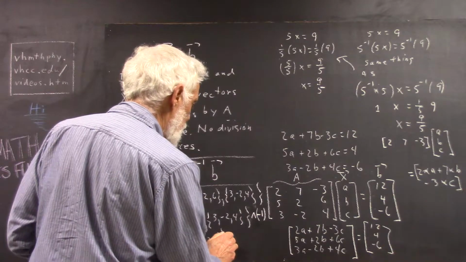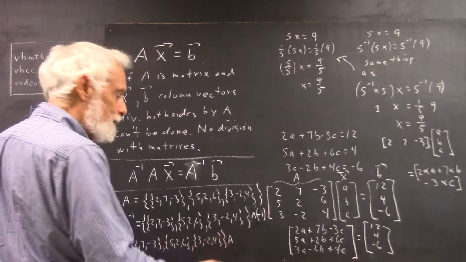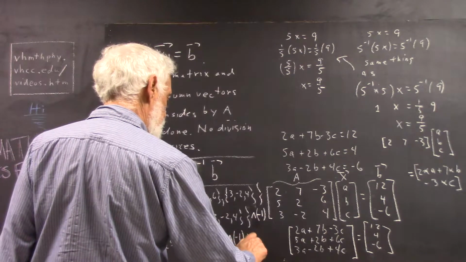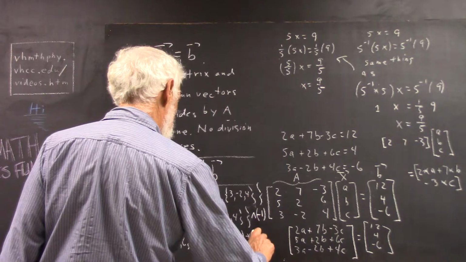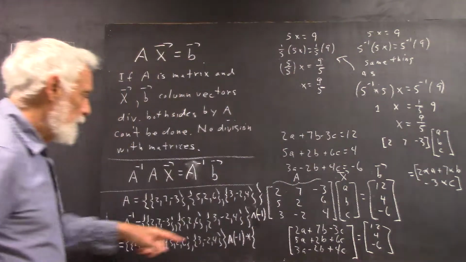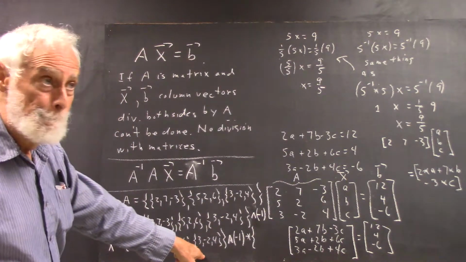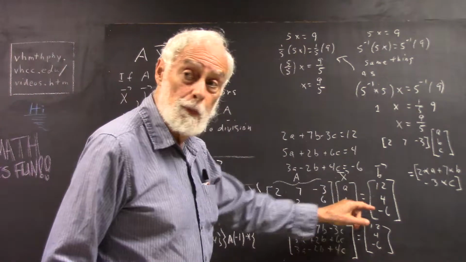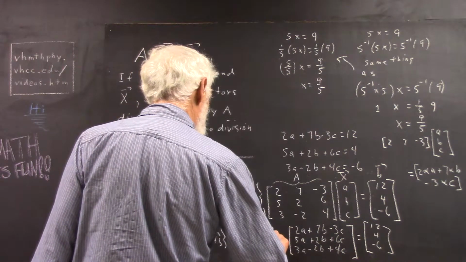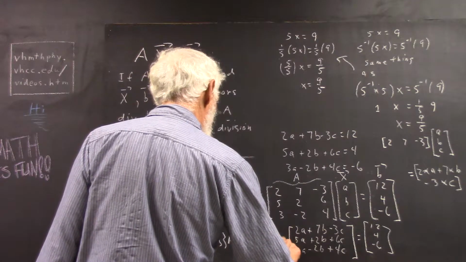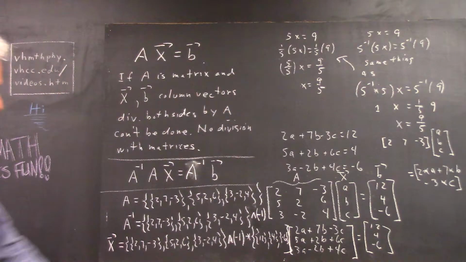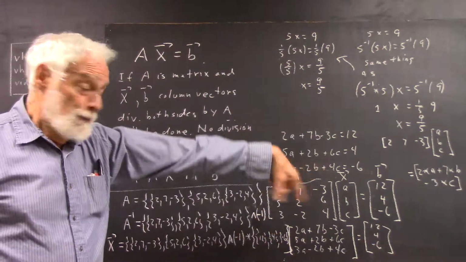I'm writing a caret, and then the next symbol I want to write is a negative, and I'm putting the negative in there to make that thing into an A. Now I'm almost out of room here. What am I going to multiply this by? I'm going to multiply this by my B vector, which is the 12, 4, negative 6 vector, right? Do we understand that this is how to write the 12, 4, negative 6 vector?